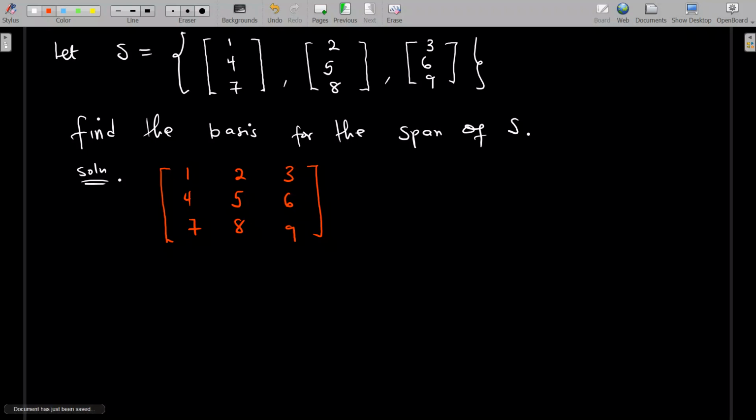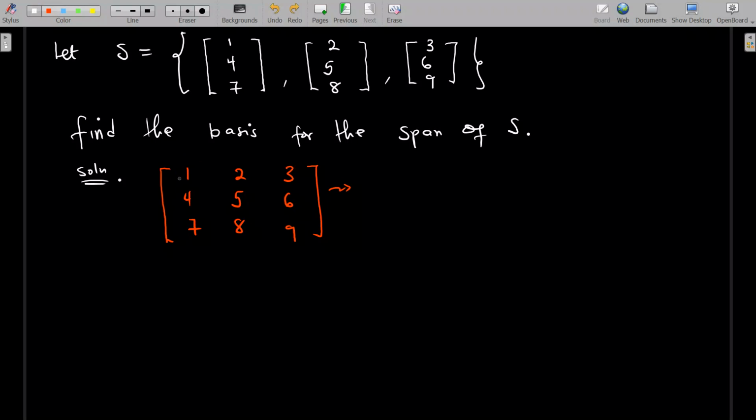Now what I'm going to tell you to do is make sure that you understand these processes, because this is the same process you're going to use to find the rank of a matrix and the dimension of the rank of a matrix and those things, right? Now first, I'm going to make sure that all the numbers below 1 are 0. So you stand on this one, make sure that every number below that is 0.